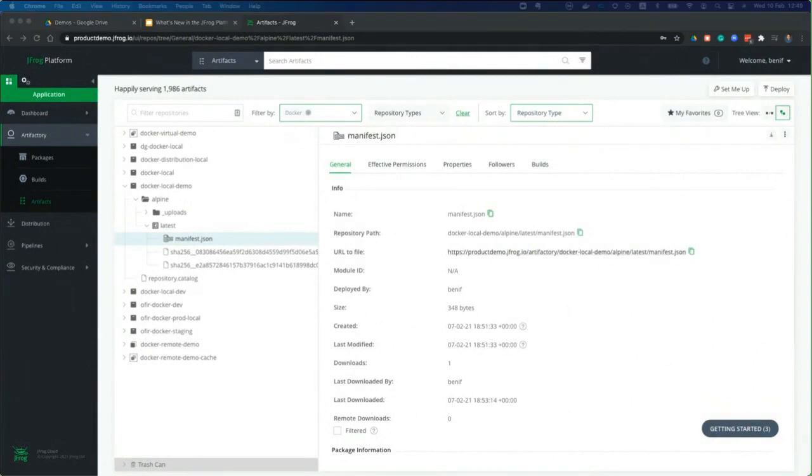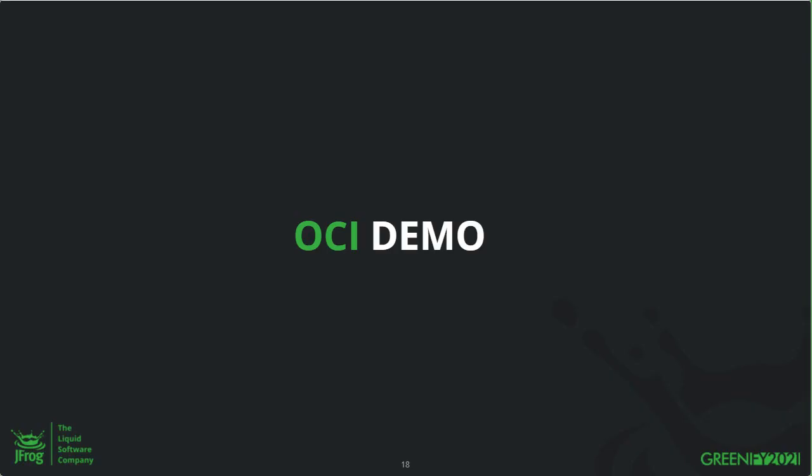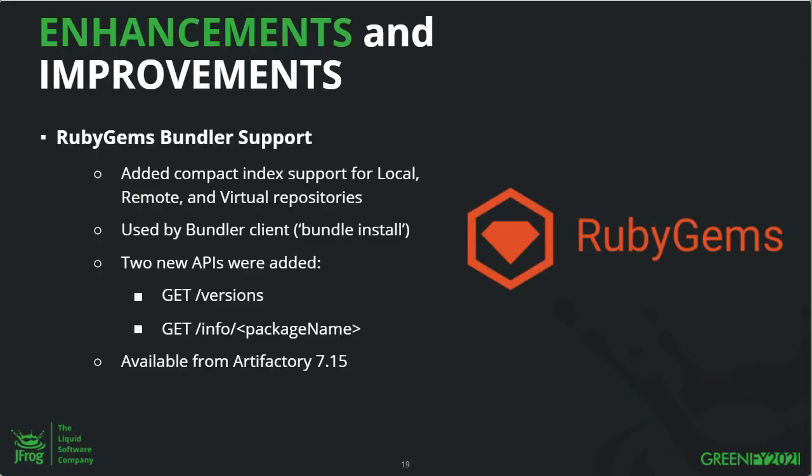So with the short time we had left, I'm switching back and going to speak about some interesting enhancements and improvements we have made with currently supported repositories. The first one is around Ruby gems. After getting several requests from our customers to add additional support for bundler clients, we added a new index.